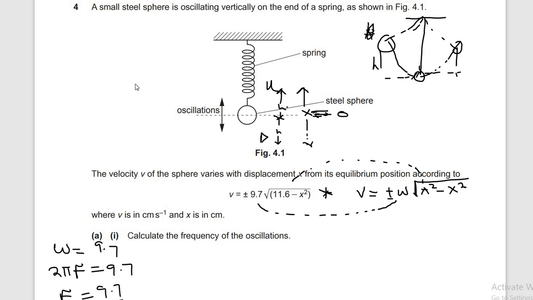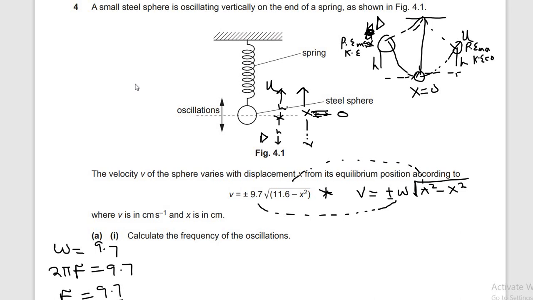This is down from here. This is the equilibrium position when x is 0. This is up, like this. At this point it has gained potential energy because there is height. At that point the potential energy is maximum, no kinetic energy. At this point too, potential energy is maximum, no kinetic.